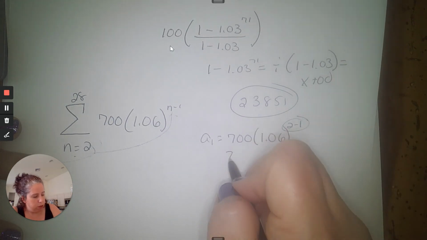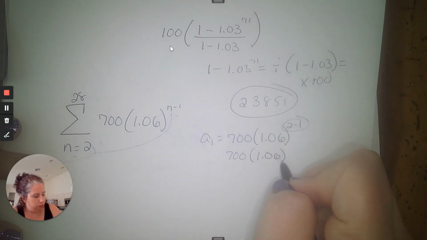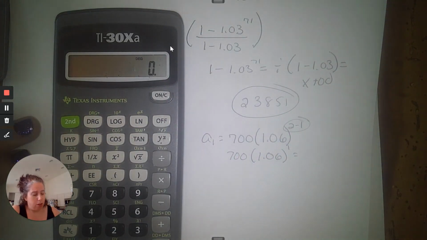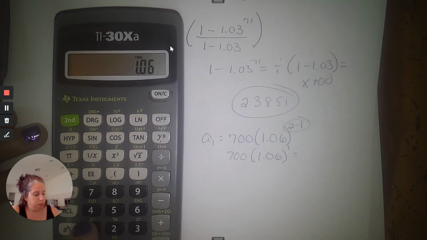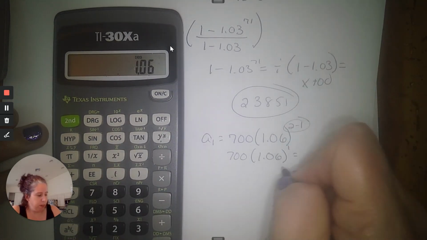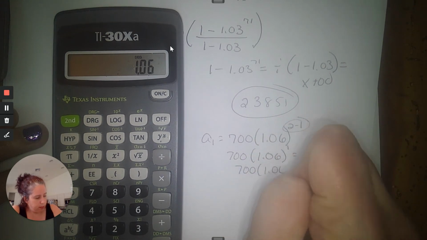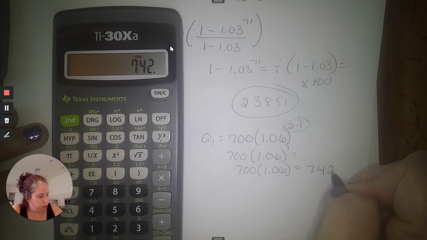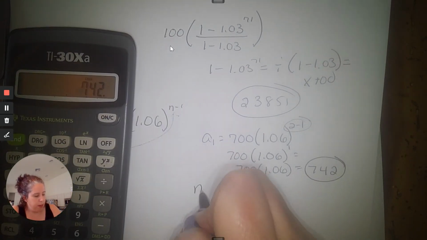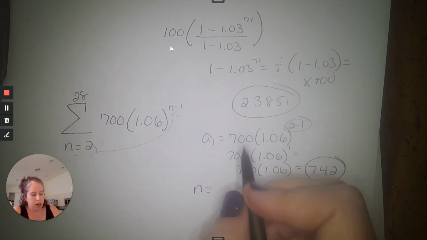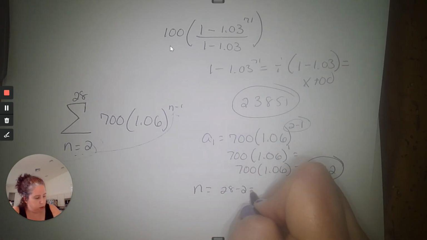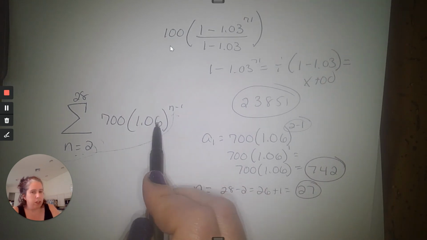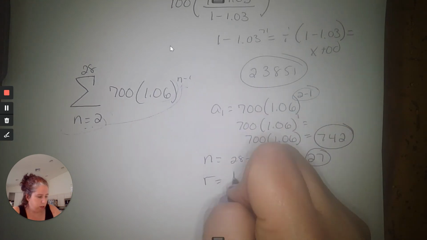So 2 minus 1, so 700 times 1.06 to the first power. You should know the answer to anything to the first power is itself, right? So 1.06 raised to the first power is 1.06 times 700 is 742. Okay, so it's A1. And top number minus bottom number plus 1. So 28 minus 2 gives me 26 plus 1 gives me 27. And then R is the number being raised to the power. So in this case, it's 1.06.